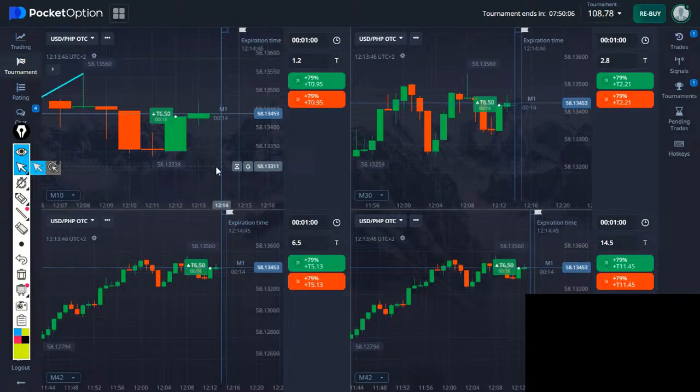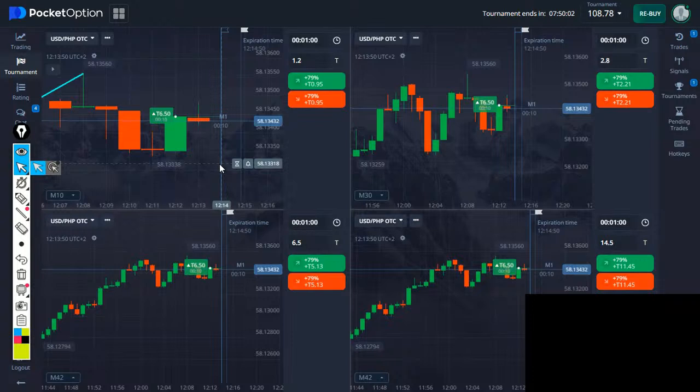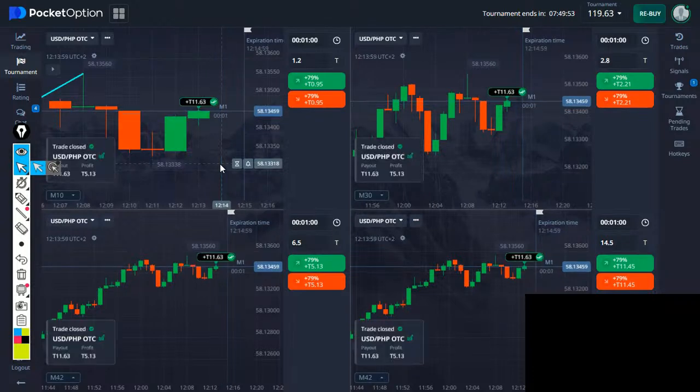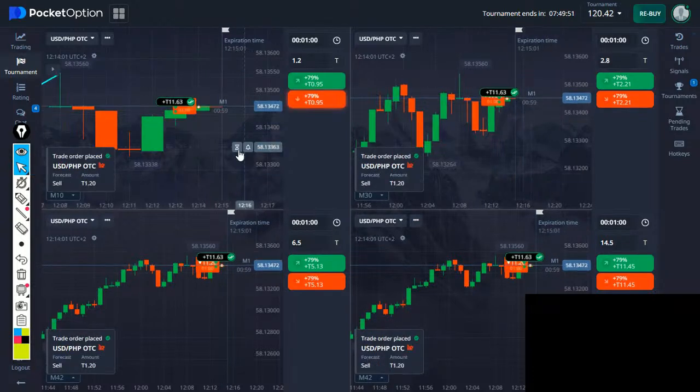Come on. A slight push right now can go a long way into securing it. Nope, it's not happening. Let's see. 5 seconds. Come on, that's it. We go for a sell here.